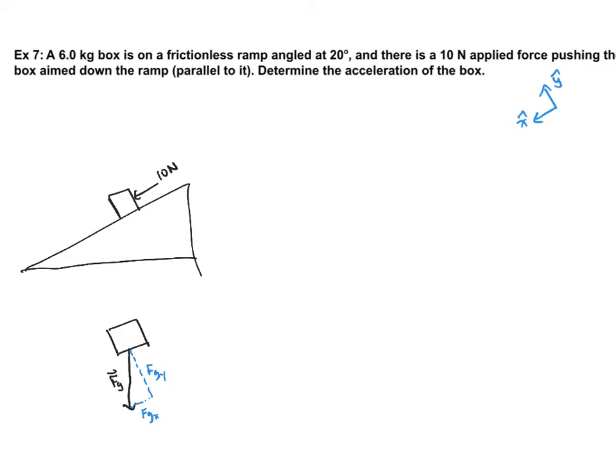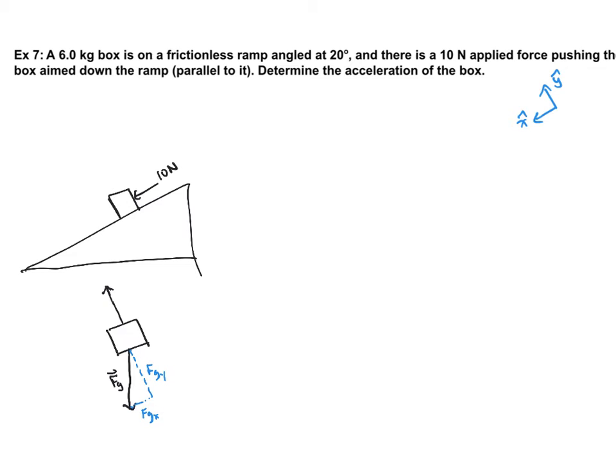All right, there's a normal force, which is going to balance out FGY. This is because the net force in the direction that's perpendicular to the ramp is going to be 0. The box is not going to accelerate 90 degrees to the ramp.